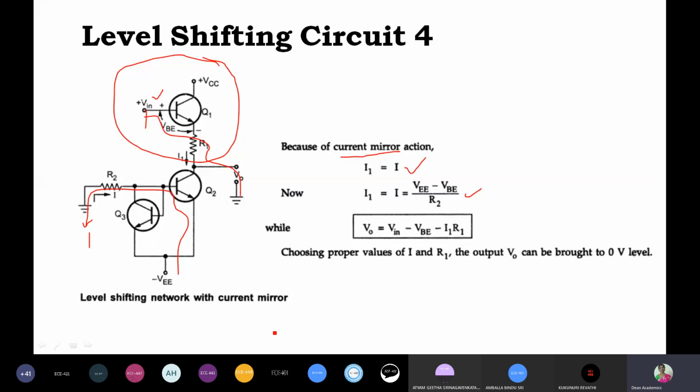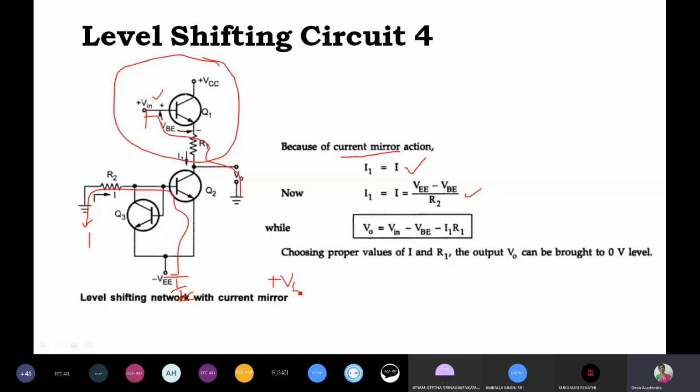Now in loop 1 you see, minus VEE. From here we should go. When this is VEE, this end is minus and the other end is plus, which is connected to ground. Because the other end is grounded, we take from ground. Therefore we get plus VEE.